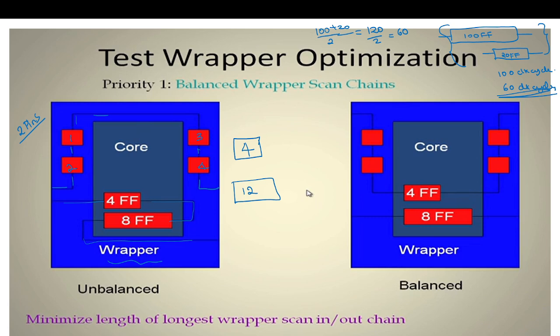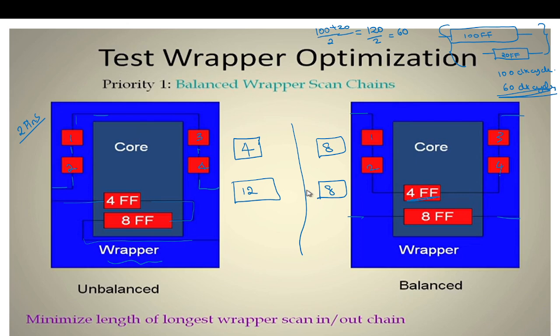Whereas if I can connect this boundary 1, 2, 3, 4 flip flops with this 4 flip flop, again I'm having same two pins. This time I will have one chain with 8 and another chain with 8. Now it is a balanced architecture, and now it requires just the 8 clock cycles for shifting in and shifting out the pattern.